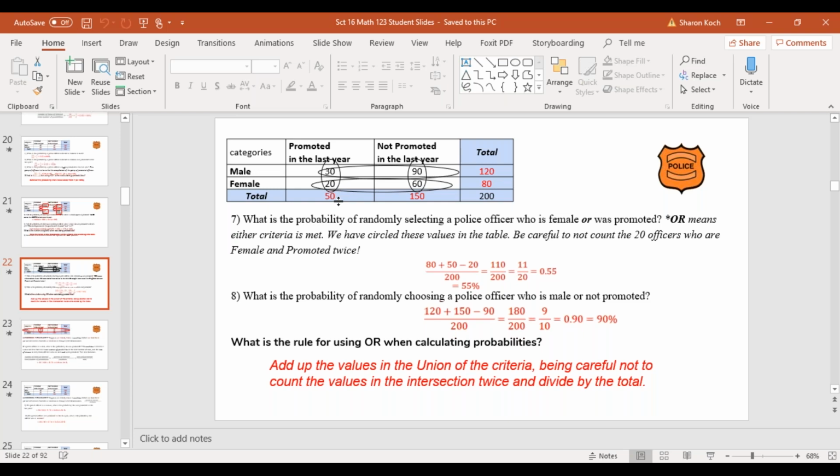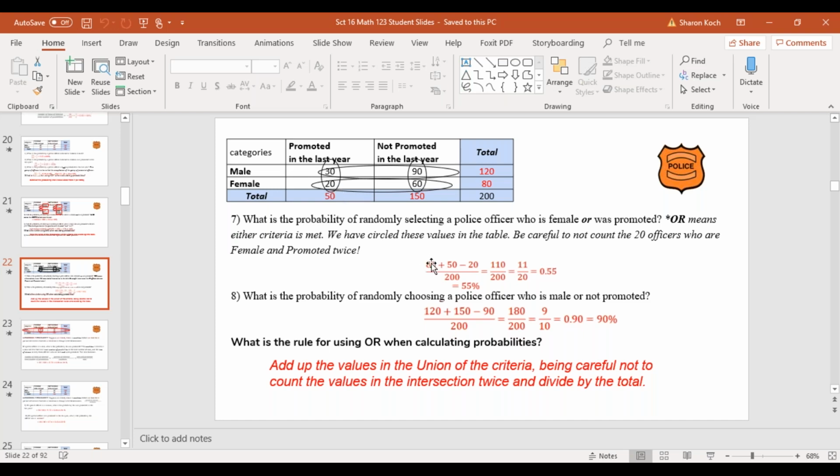But take a look. We had a little bit of an issue. This number 20 here got used two times. It got used with the female. It got used with the promoted. So this overlaps. So when you see that there are overlaps here, you're going to have to subtract the overlap because you don't want to count it twice.